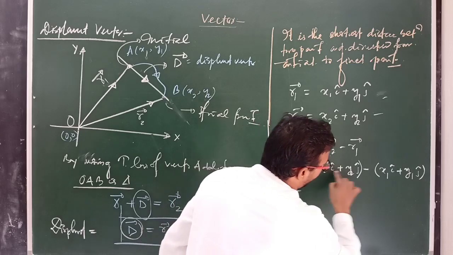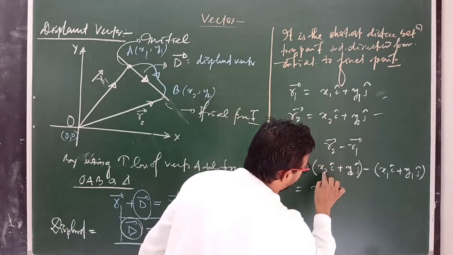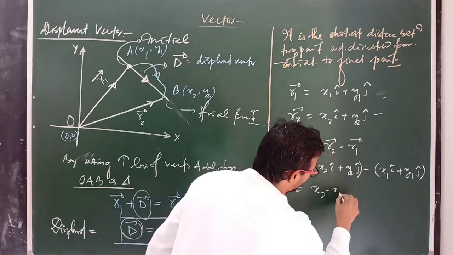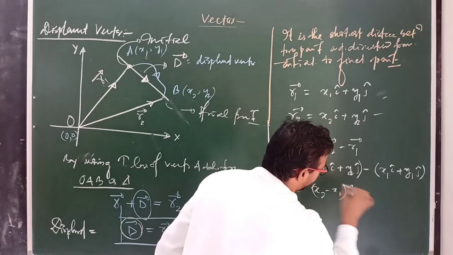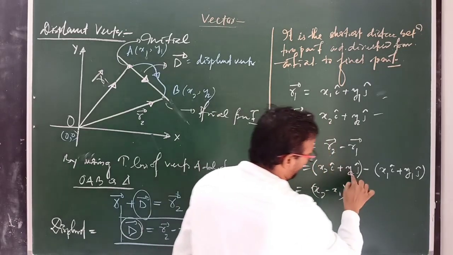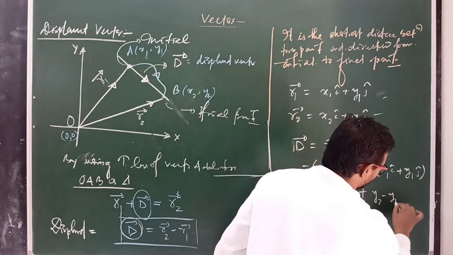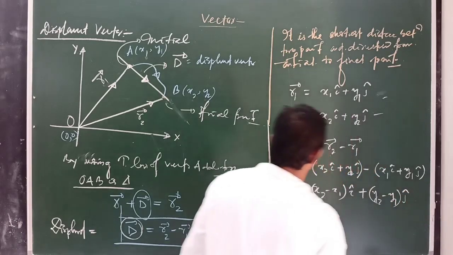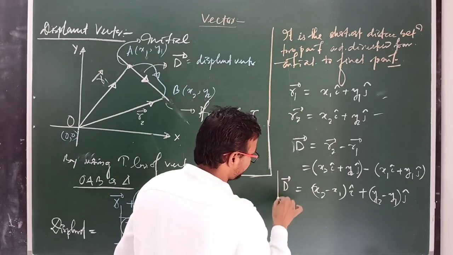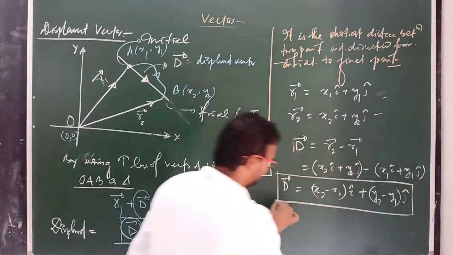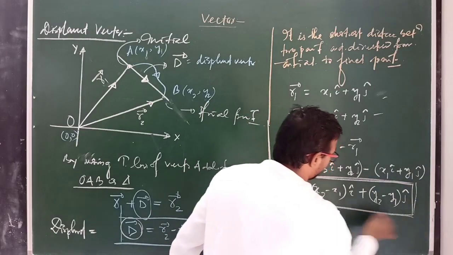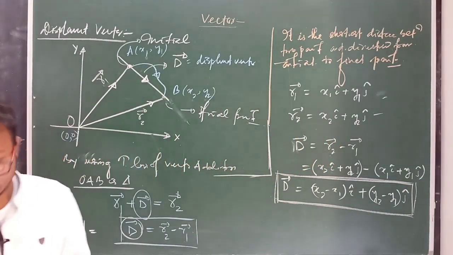Now i cap is common, so you can write x2 minus x1 i cap plus y2 minus y1 j cap. This is the displacement vector in terms of unit vectors.